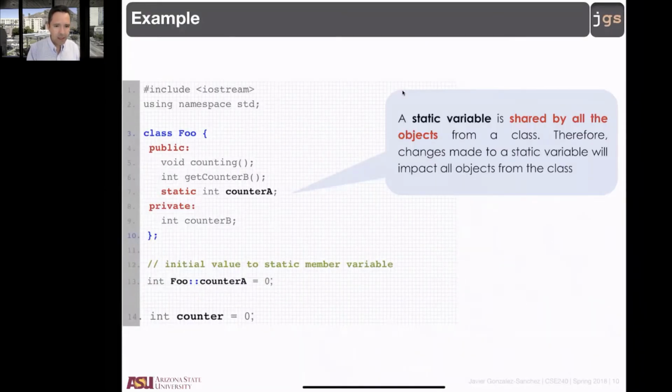Static in C++. I need a static variable, very, very easy. The same thing that you do in Java. Static is a keyword. You put the keyword before the type of the variable. Done. You have a static variable. Wait, only one thing.